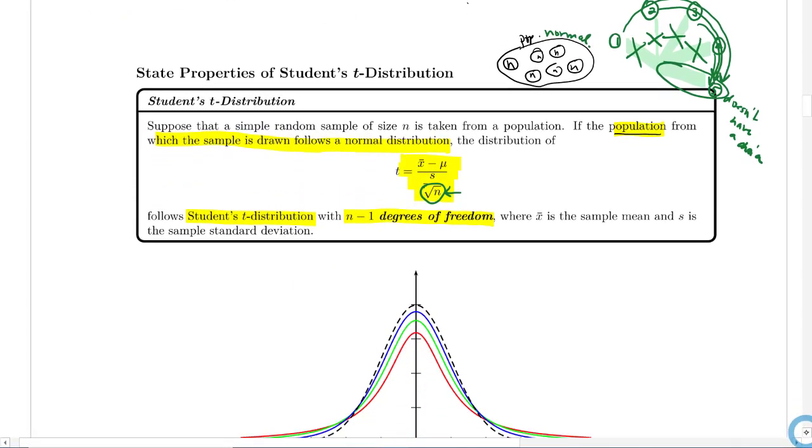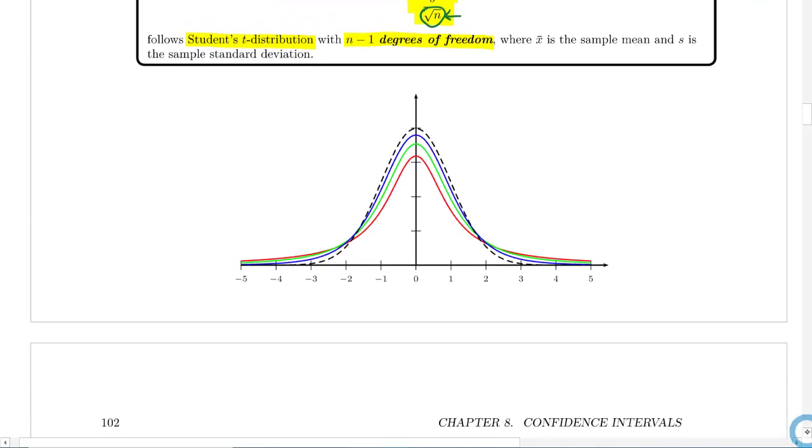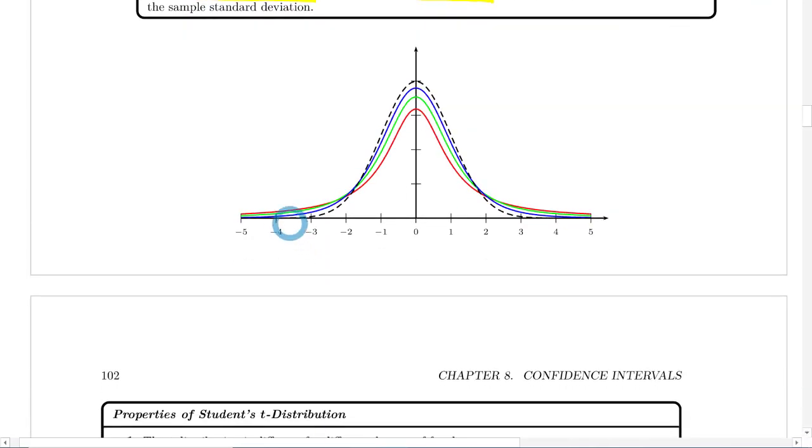Okay, so what does it look like? So this is the t distribution, and here's where t is equal to 0. So notice they're similar to z-scores, right? And they follow the same normal curve, again because the population's normal.